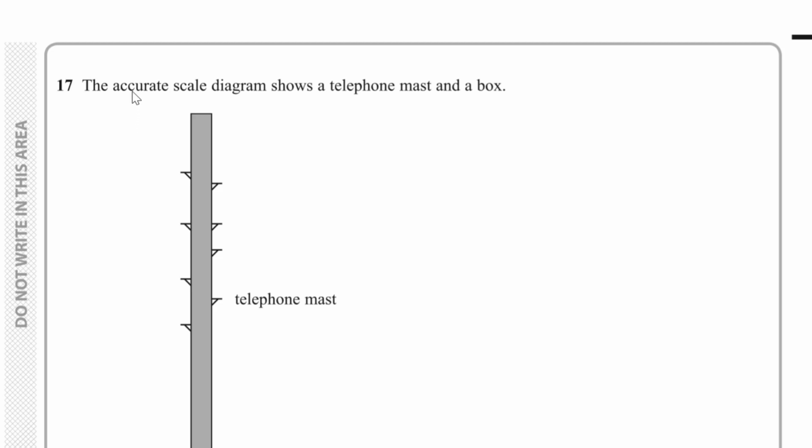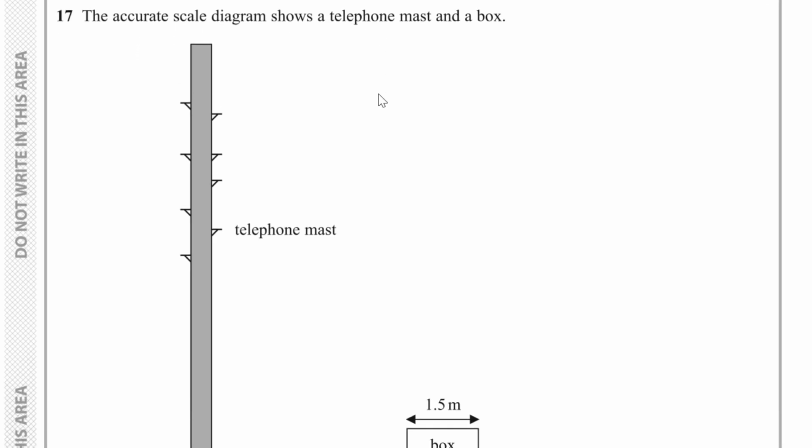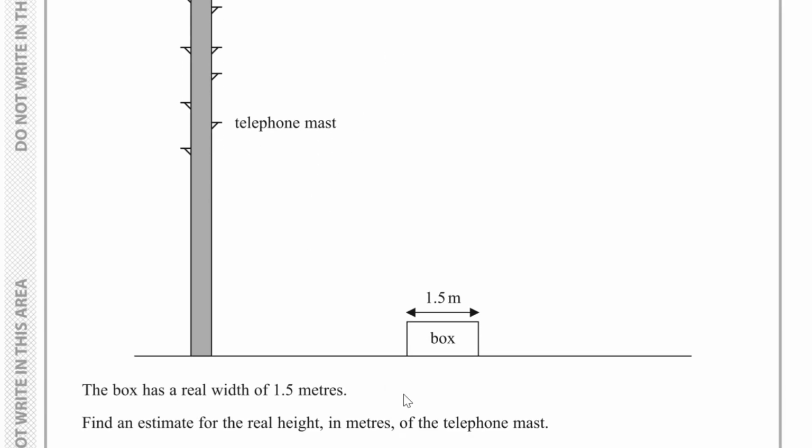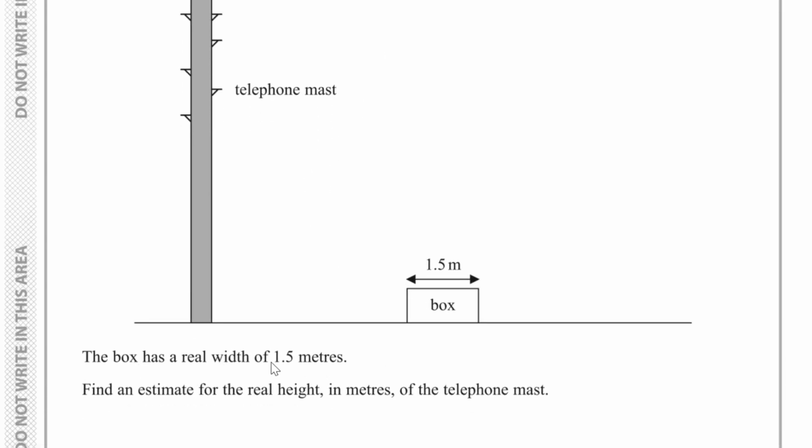Question number 17. The accurate scale diagram shows a telephone mast and a box, as we see here. The box has a real width of 1.5 meters. We have to find an estimate for the real height in meters of the telephone mast.